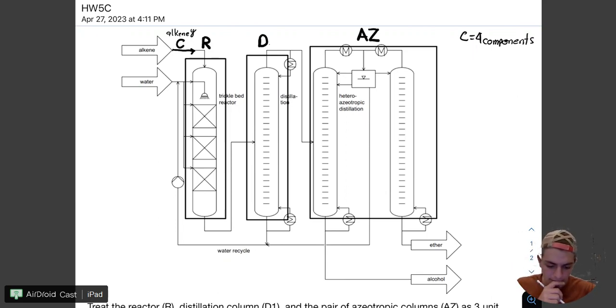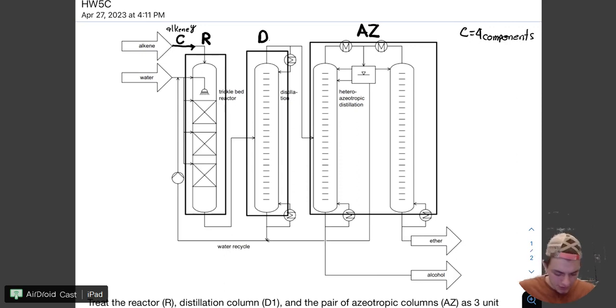So we have C components going in there, and then for the water stream, we also have our water feed here, which is going to have C components into the distillation column. Now we have this stream coming out of the reactor here, and that will have C components associated with it. I'm going to simplify this arrow to here, C components, and we'll call this the distillation feed here.